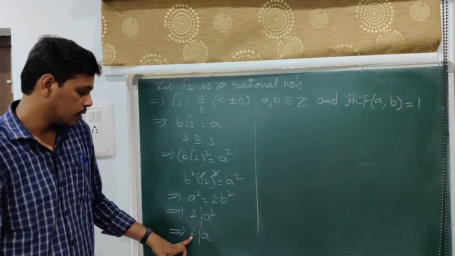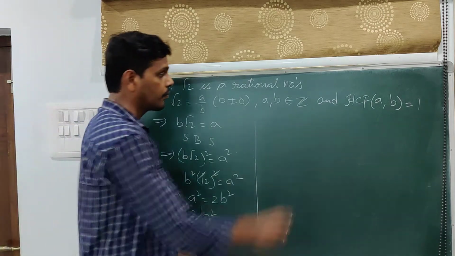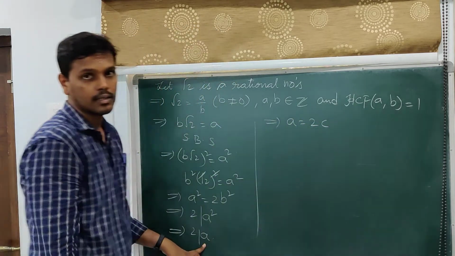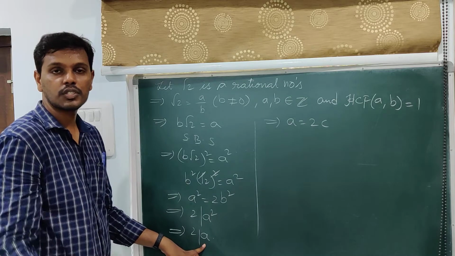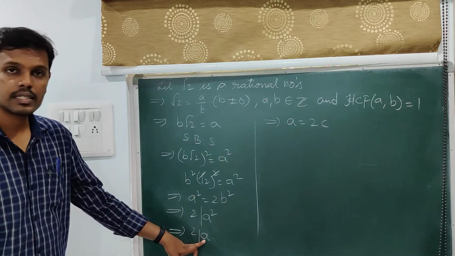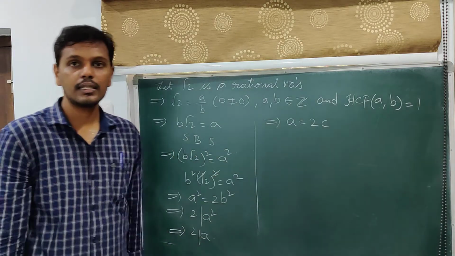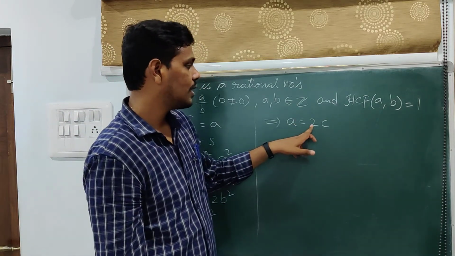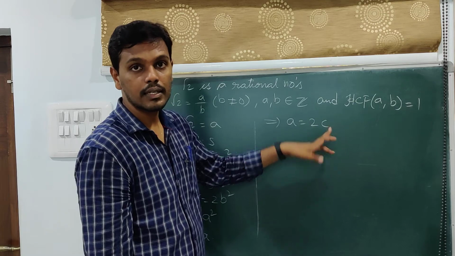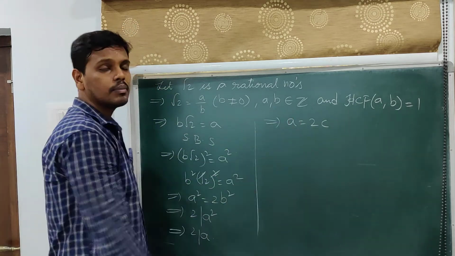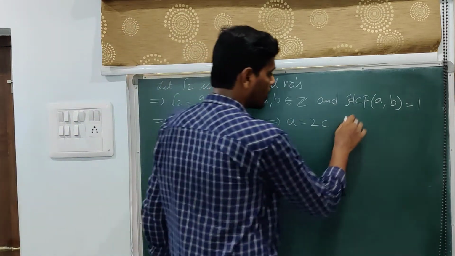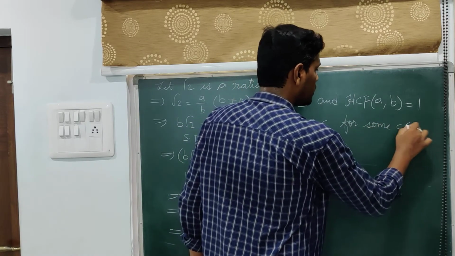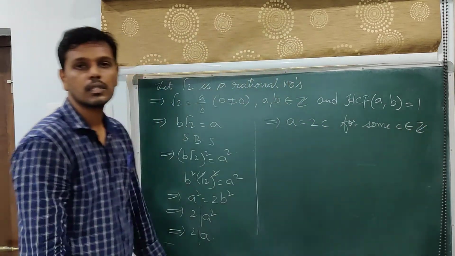Here 2 divides a, which means that a can be written as 2 into some integer. That is what the definition says. That integer right now we don't know. I am naming that integer as some c. That is what I write, for some integer c.